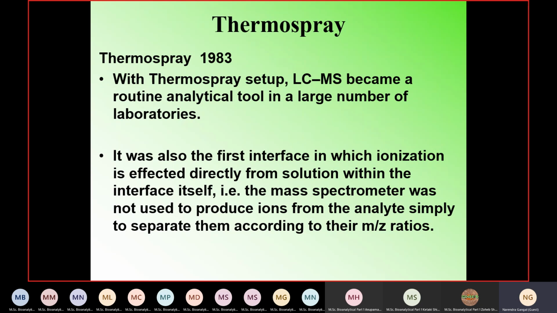So the first thing you need from an LC is to evaporate that solution to the gaseous form. Now you can imagine when a liquid is evaporated to the gas, will there be a change in the volume?